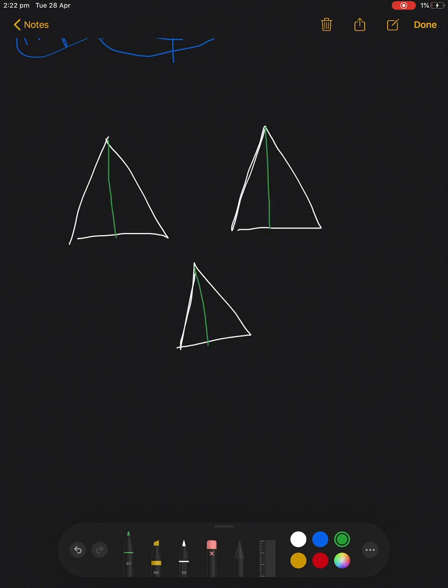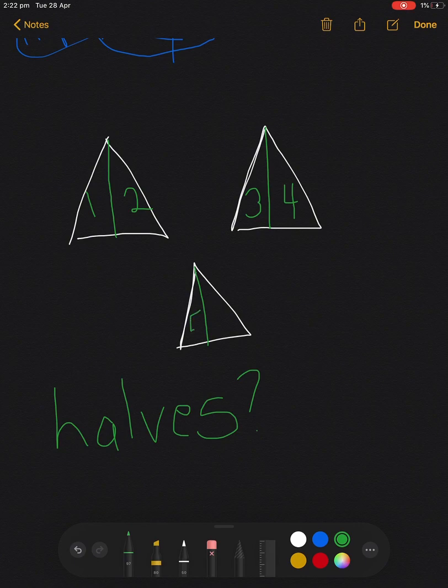So each triangle is divided into 2 equal parts. How many halves do I have total? Well, let's count. 1, 2, 3, 4, 5, 6. That's 6 halves. So I have 6 total.